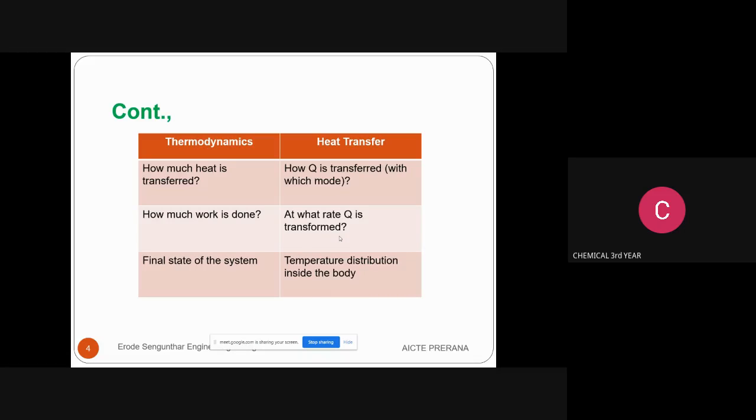This is the main concept. So everyone can say that heat transfer shows the clear picture: how much heat is transferring and how temperature is varying. That is the only concept we are running behind in heat transfer.